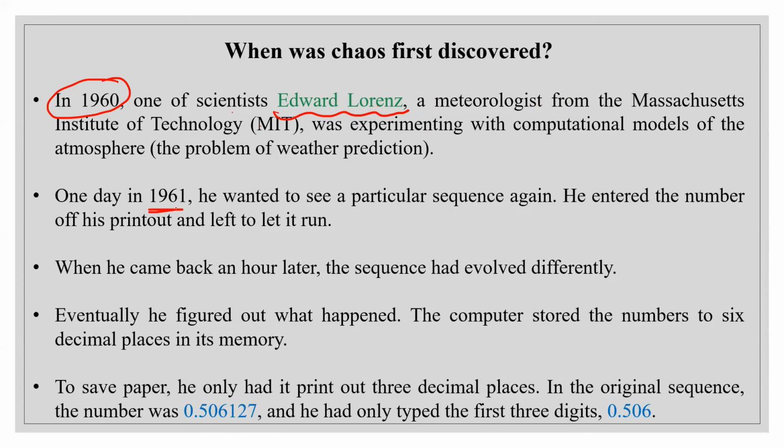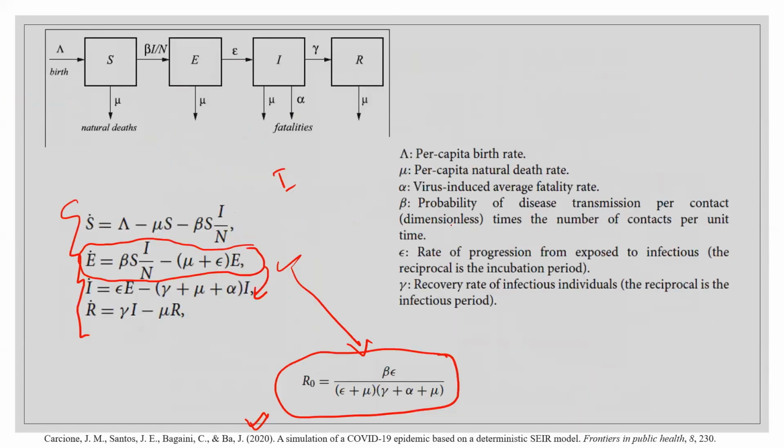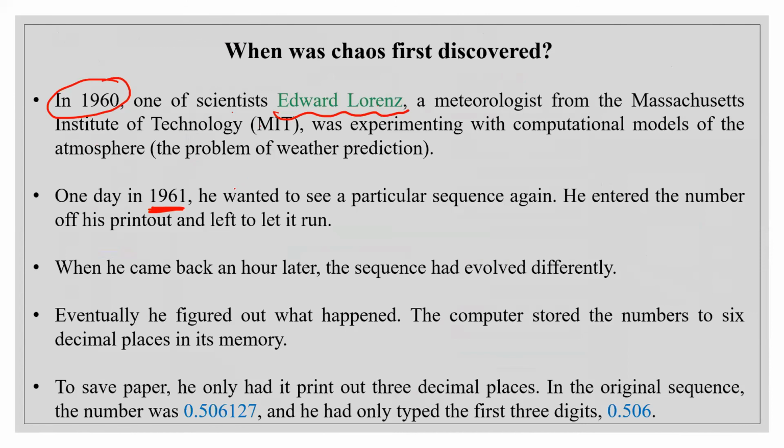In 1961, he thought, I want to reproduce the result I got 5 days before. So he started changing the parameters. As I have shown you, there are parameters. Whatever you found 5 days earlier, you thought I will put that parameter only, because that was giving me a better result. So he wanted that pattern only.